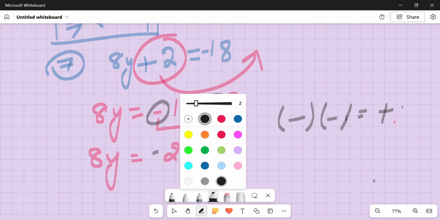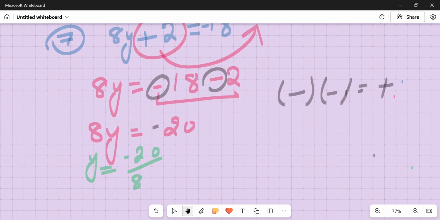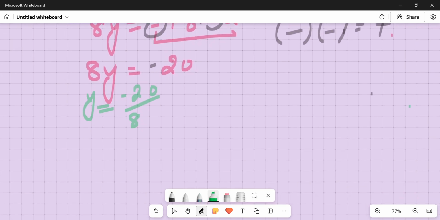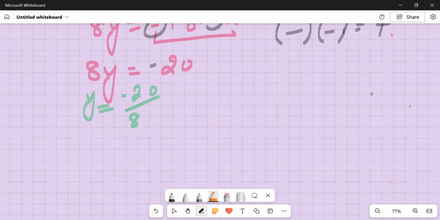Then what we need to do, students, as you know that 8 and y are multiplying, so y equals minus 20 divided by 8. Now simplify. Simplify by 4: 4 twos are 8, 4 fives are 20.